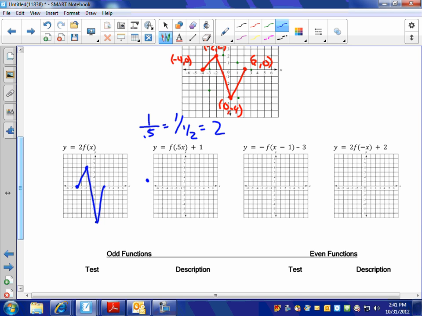-4, then add 1 to get -4, 3. Good. 0, -4 becomes 0, -3. And the last one, 2, 0.